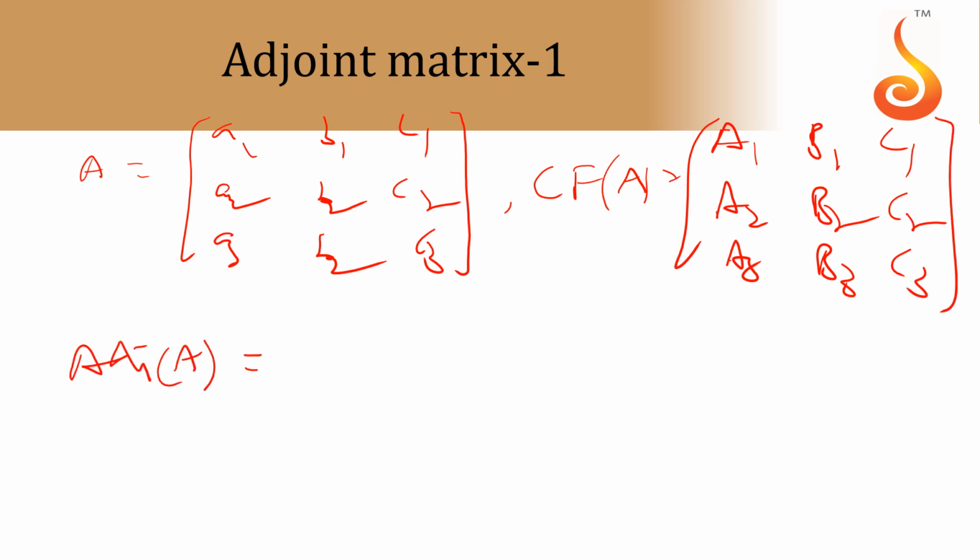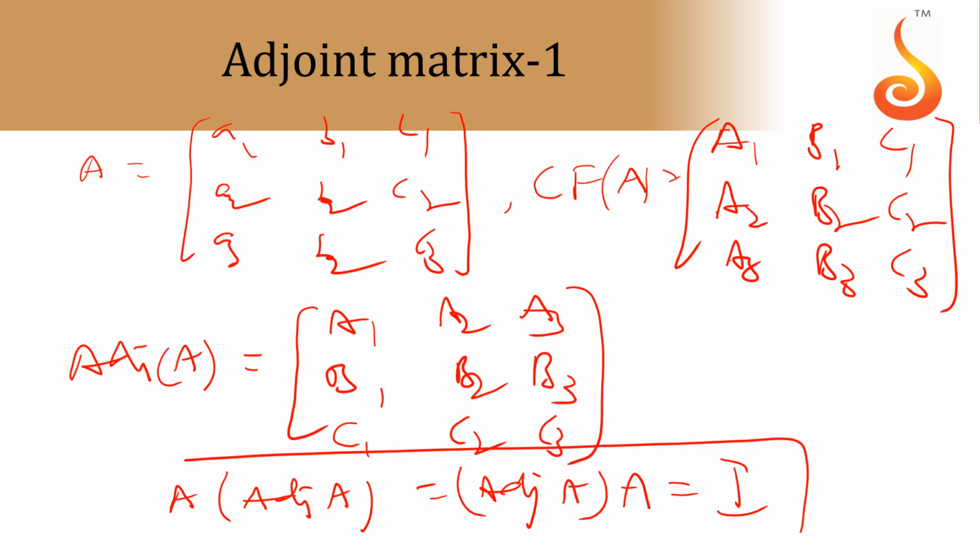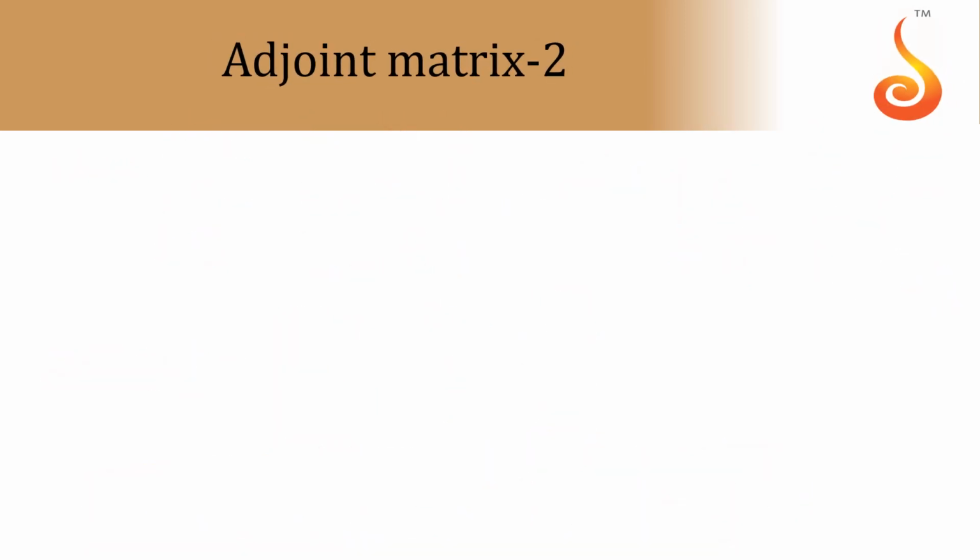Adjoint of A is the transpose of the cofactor matrix: A1, A2, A3, B1, B2, B3, C1, C2, C3. So the transpose of the cofactor matrix of a given matrix is called the adjoint matrix. Now a very powerful theorem you have: A into adjoint A equal to adjoint A into A equal to det A into I. With this theorem, you can develop a lot of information based on adjoint and inverse.